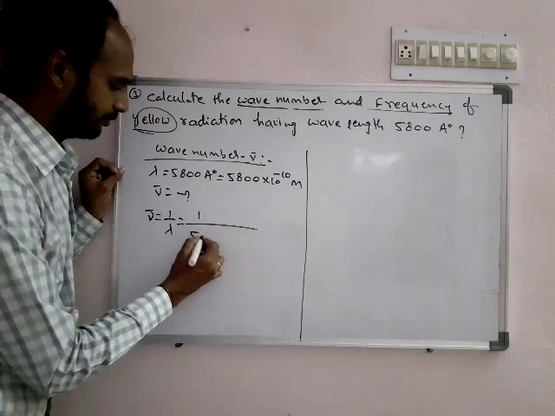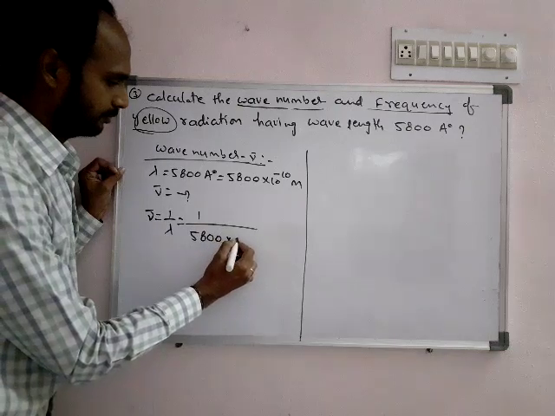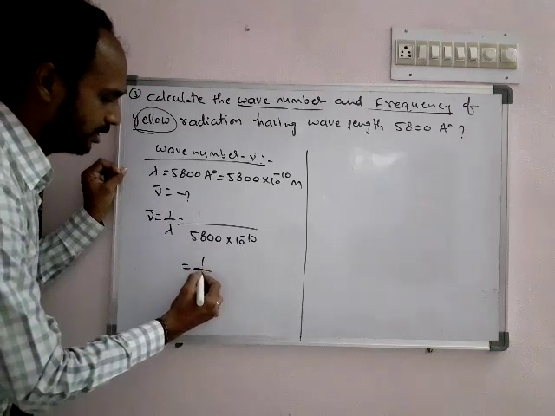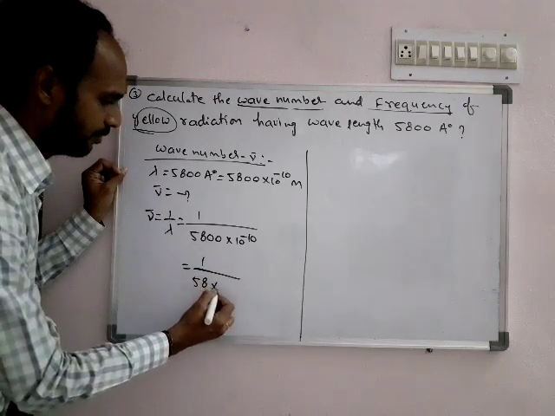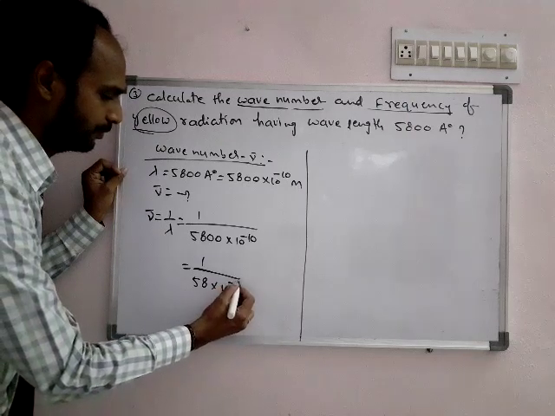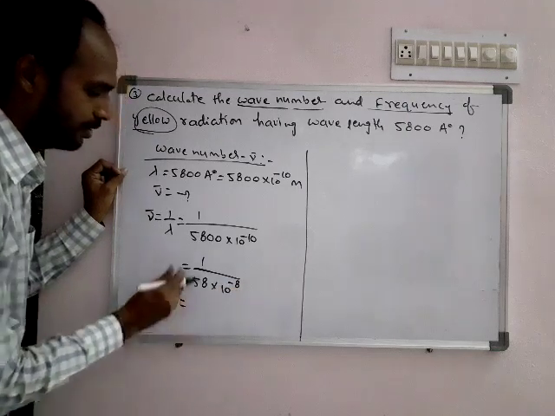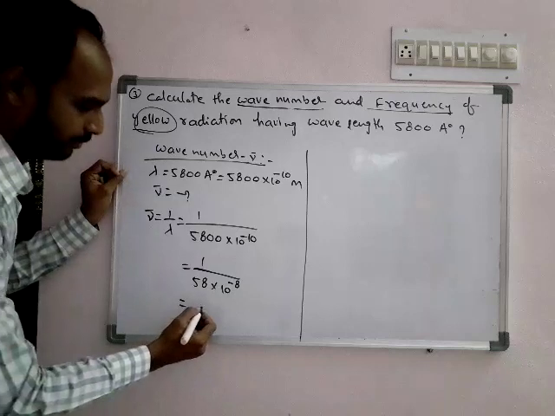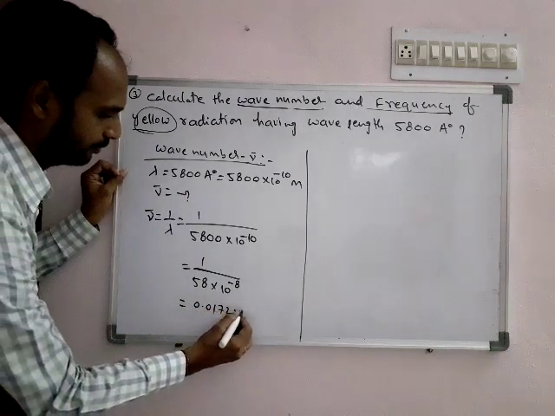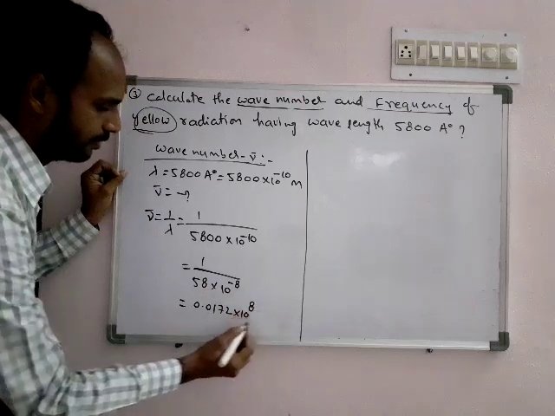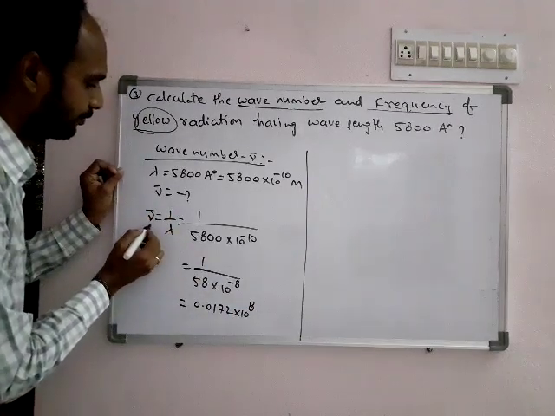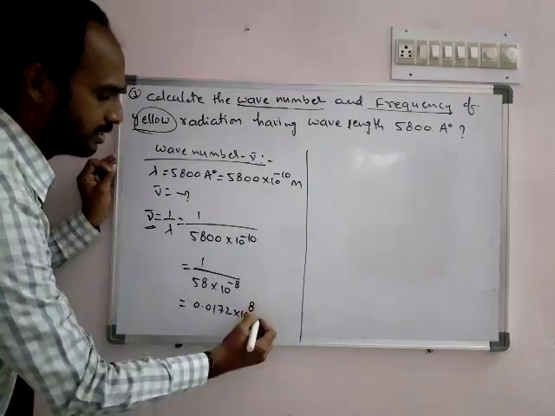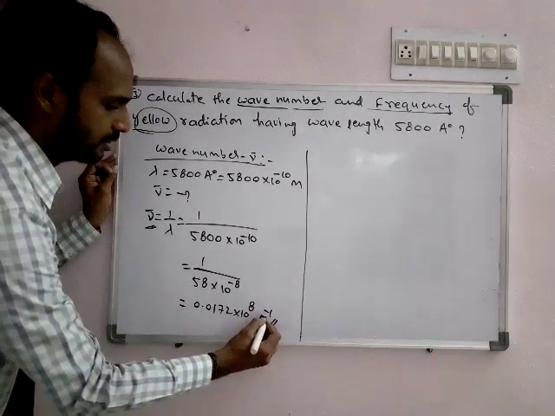So that is 1 by 5800 into 10 power minus 10. As the wavelength is taken in meters, it becomes meter inverse.